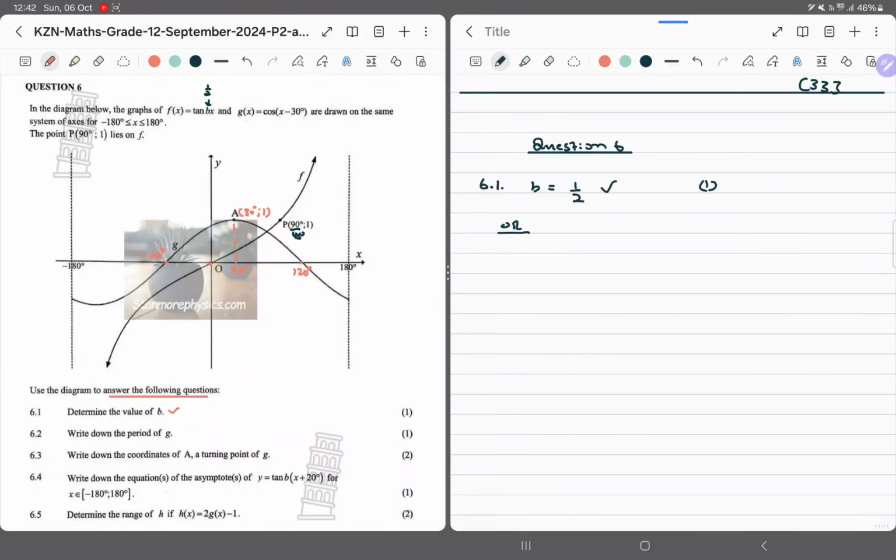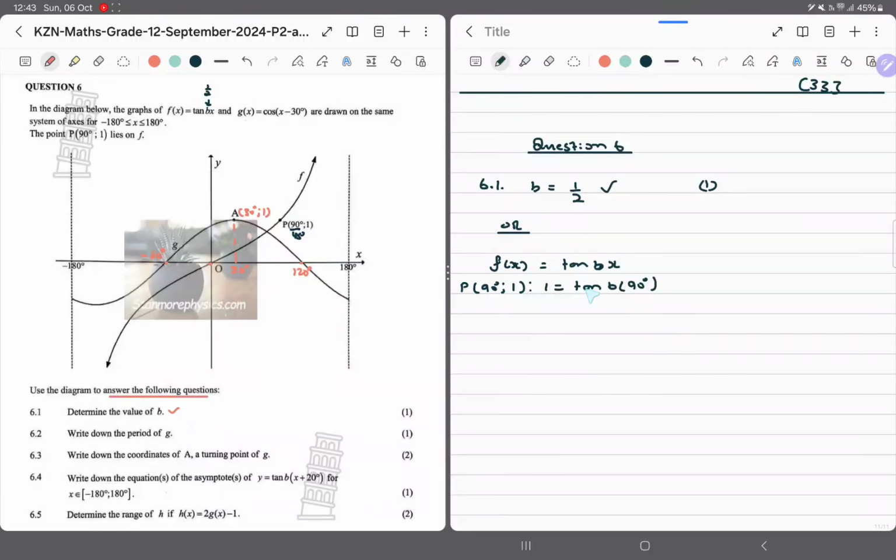For a student who trusts their algebra, you'll just write f of x is equal to tan of bx, right? Then you take point P because it lies on the graph. So this is 90 degrees, 1. So this means 1 is equal to tan of b into 90 degrees. Okay, great.